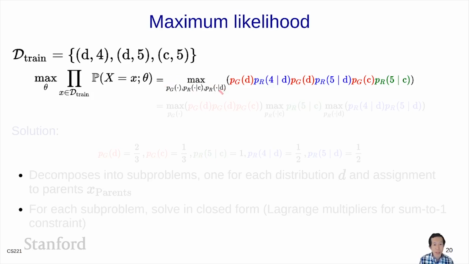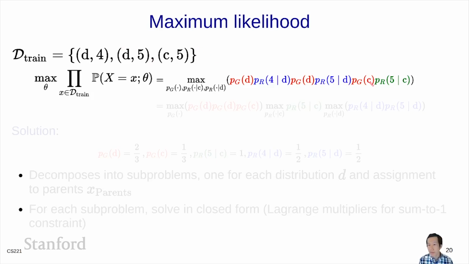So I have three distributions here that I want to optimize, and I'm just going to expand out based on the definition of a Bayesian network. I have the probability of D times the probability of rating 4 given D. So that is the probability of the first data point, times P of D, 5 given D. That's the second data point.